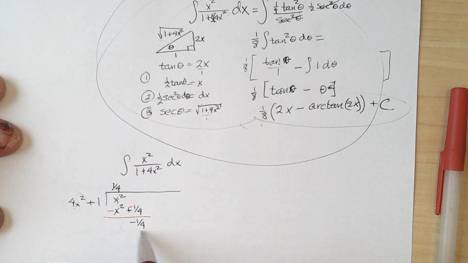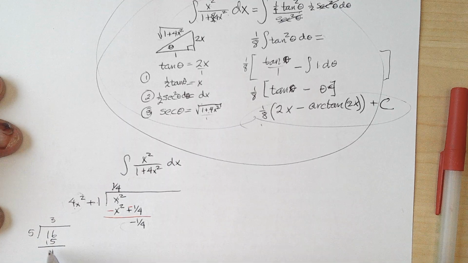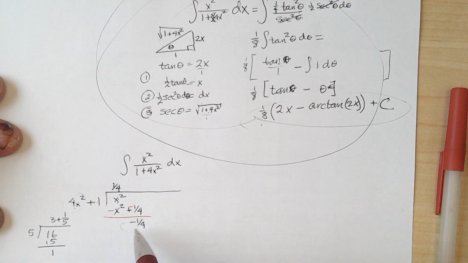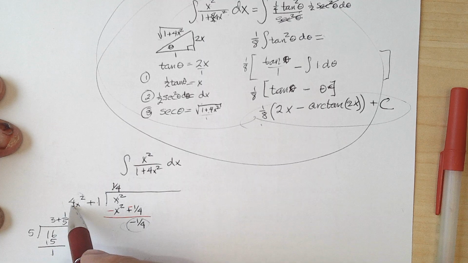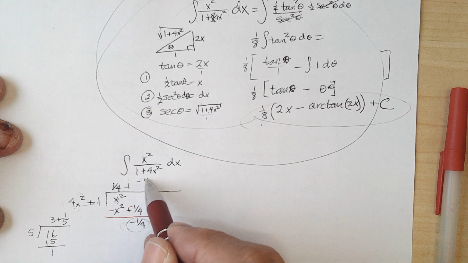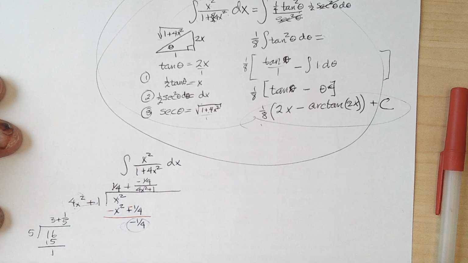And the remainder, as you know, if you're dividing like 16 divided by 5, goes in 3. 3 times 5 is 15. Subtract, we get a remainder of 1, and you put the remainder over the divisor. So it's 3 1/5. Put the remainder over the divisor. So we get plus minus 1/4 over 4x squared plus 1.